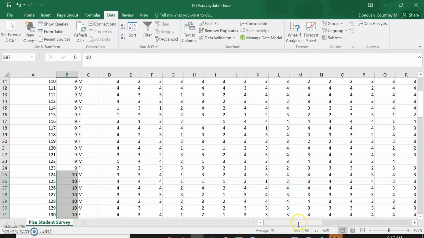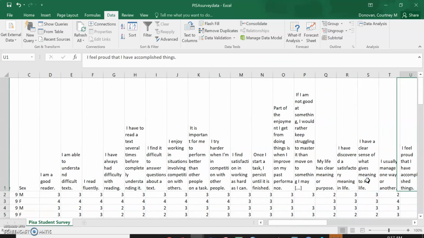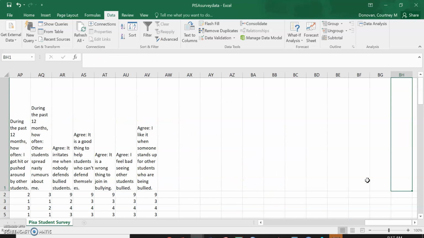Over here I can see I have 63 10th graders. And 23 9th graders.